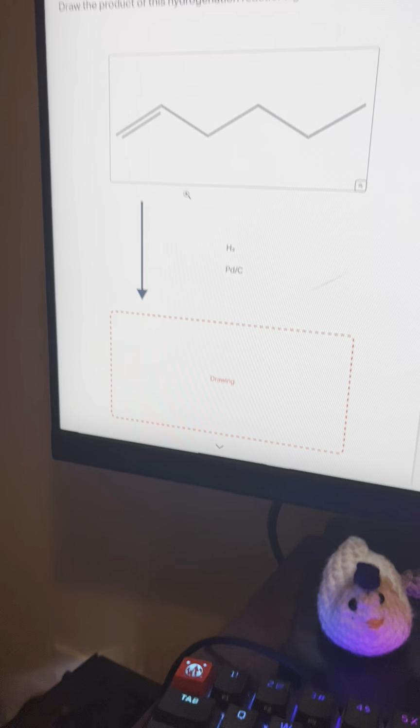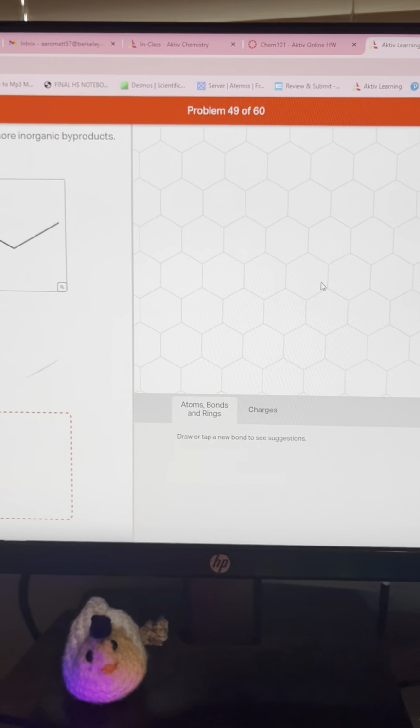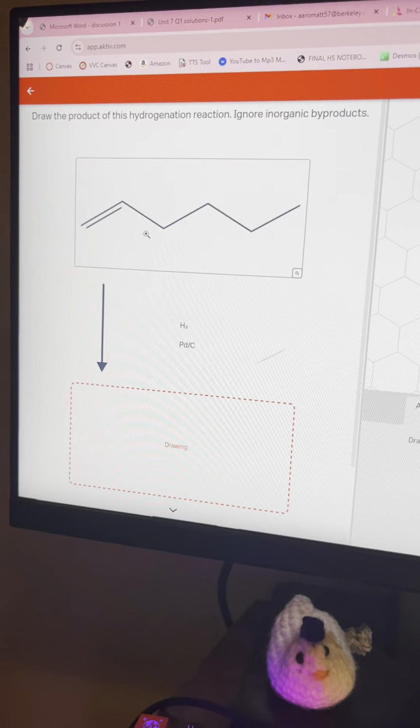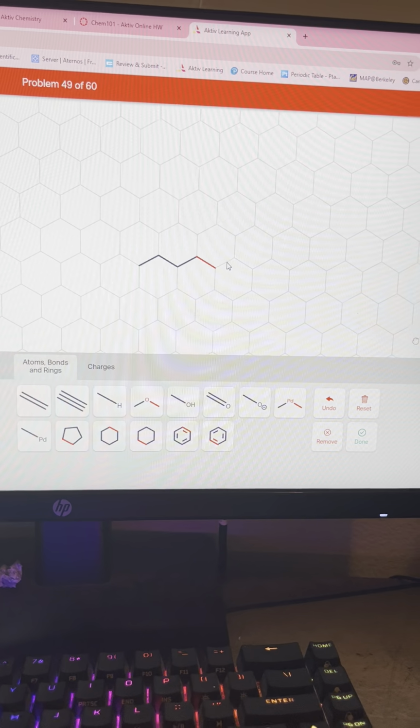So since our byproduct is just hydrogen, we don't need to add anything else because hydrogen's already implied being on lines like these. So basically what this is saying is we're just getting rid of the double bond. So basically just redraw it without the double bond.